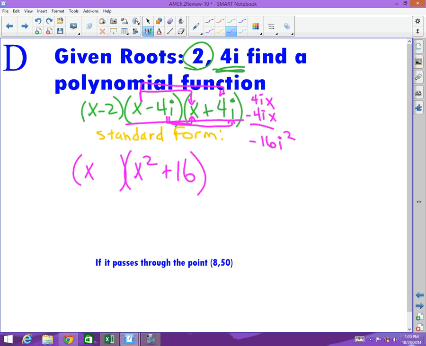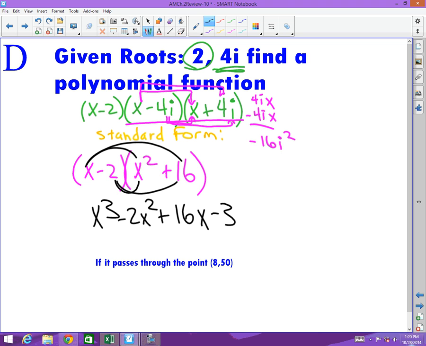And then you have x minus 2. And now when you distribute this, that's x cubed plus 16x minus 2x squared minus 32. And there's a polynomial function that would have those as roots.